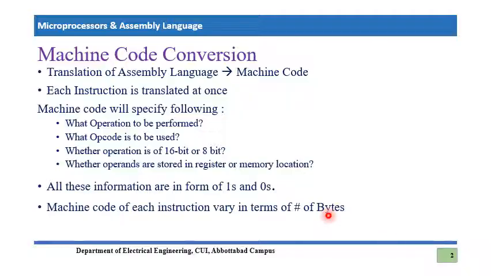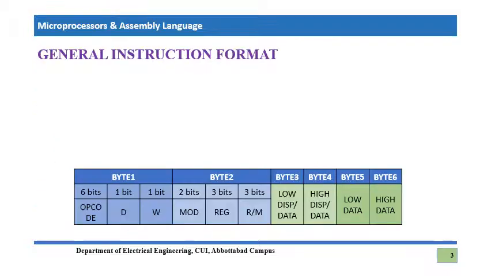So the machine code of each instruction varies in terms of bytes, some being a combination of 2 bytes, 3 bytes, and so on. The maximum size which can be experienced in machine code is 6 bytes in 8086, and we have already explained this in earlier lectures.